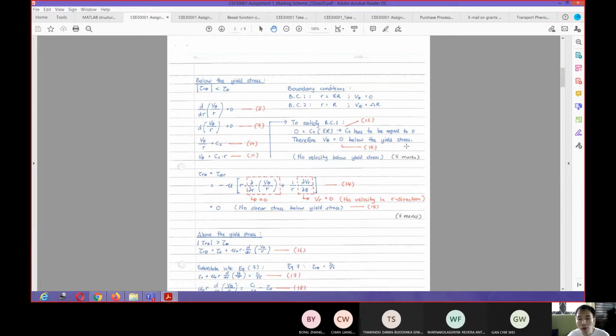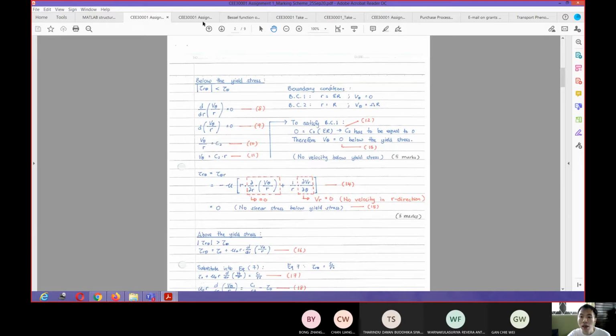So then we connect it back into the physical situations in here. The physical situation in here is that there will be no velocity below the yield stress. And you can derive it using another way. For example, I have a note for those that are interested in how you can come to the conclusion that the velocity in the angular directions will be equal to 0 below the yield stress.